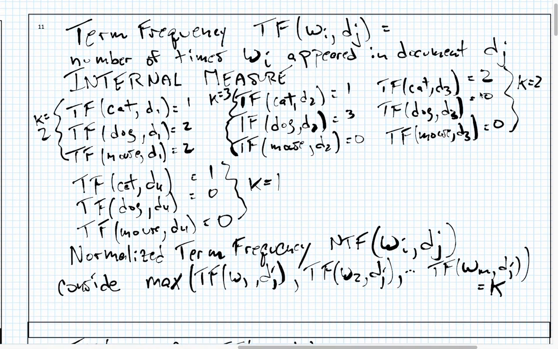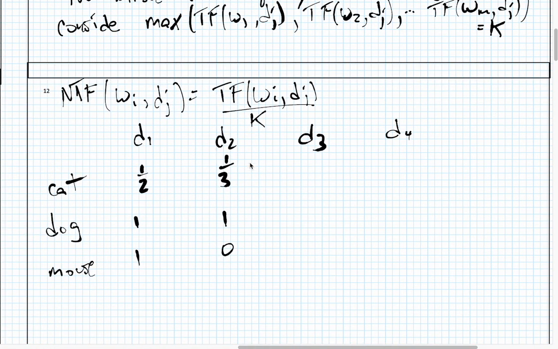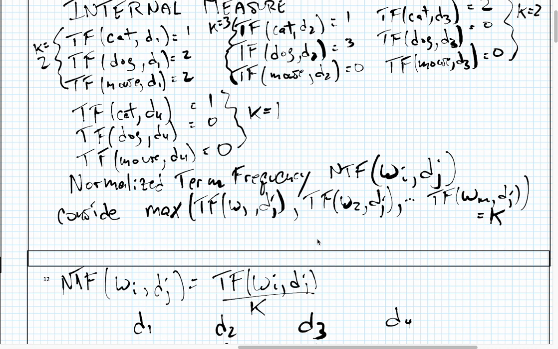I come over here to document D3. K is 2. I divide by 2, so I get 1, 0, 0. And I come over here to document D4. K is equal to 1. I divide all of these by 1.